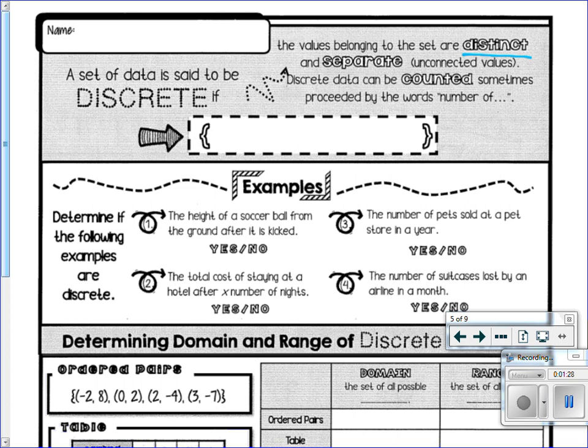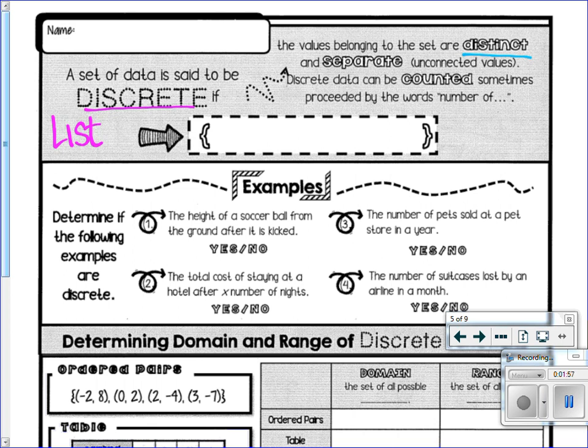So when we have domain and range, x values and y values, depending on whether it's discrete or continuous, we write them differently. If it is discrete, there are specific numbers for x and y, and we write them out in a list.